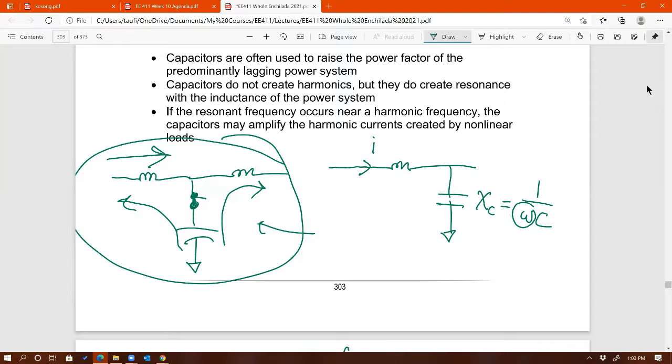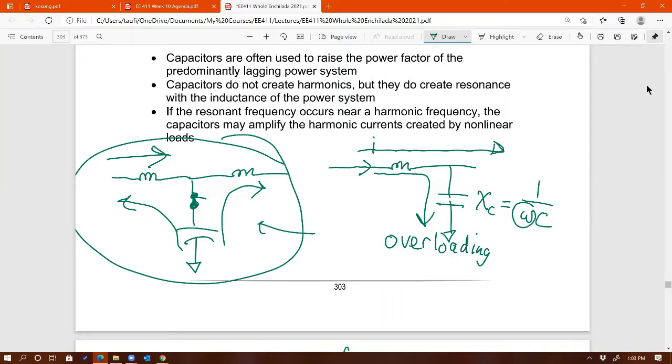So rather than going back to the source, harmonics will flow through this cap. Higher frequency harmonic currents, not the 60 hertz, will flow through the caps and thereby overload them, and you can damage the caps if too much harmonic current flows through these capacitors.